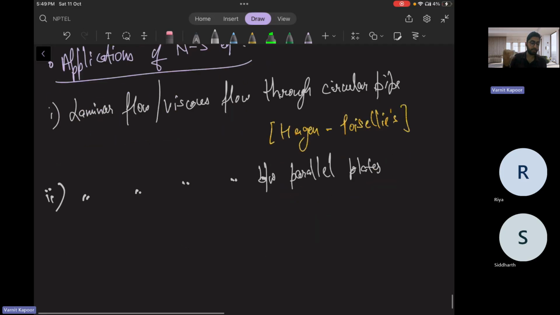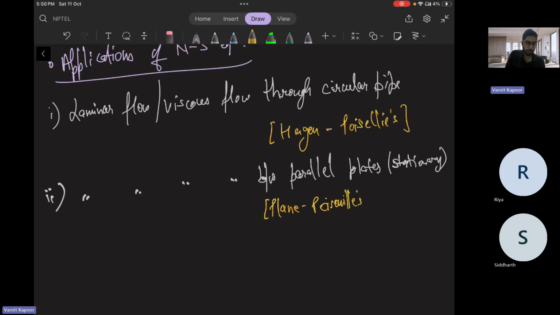And in this kind, the plates are stationary basically. So this is your plane Poiseuille flow, also called plane Poiseuille flow.